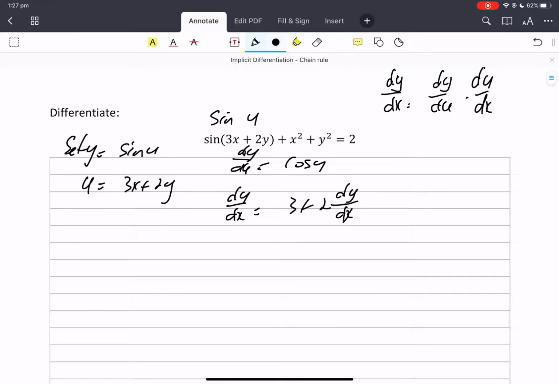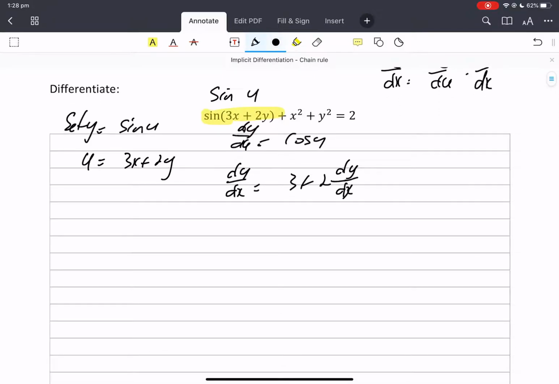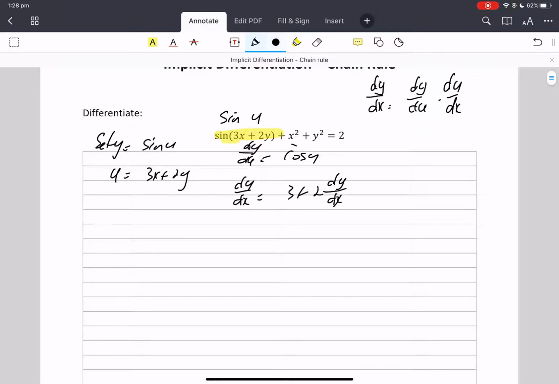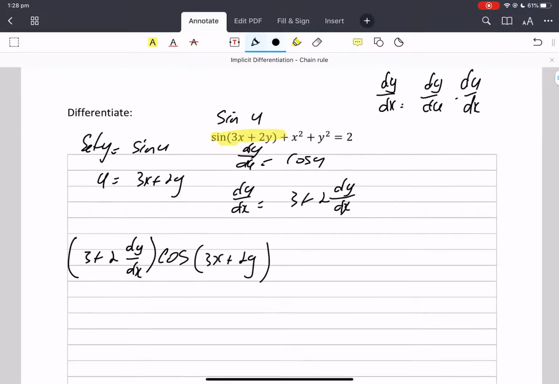So when we're differentiating that first term, we're applying that concept, dy/du, so that'll be cos u times du/dx. I'm going to put that out the front, 3 plus 2 dy/dx.